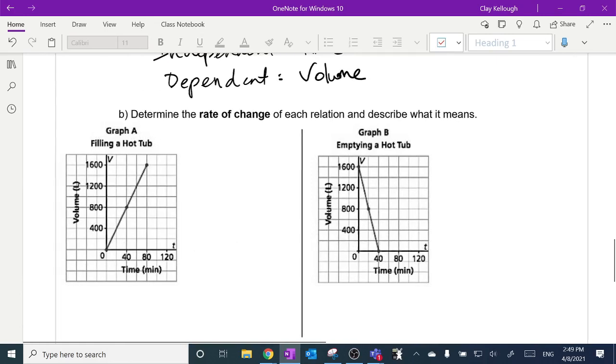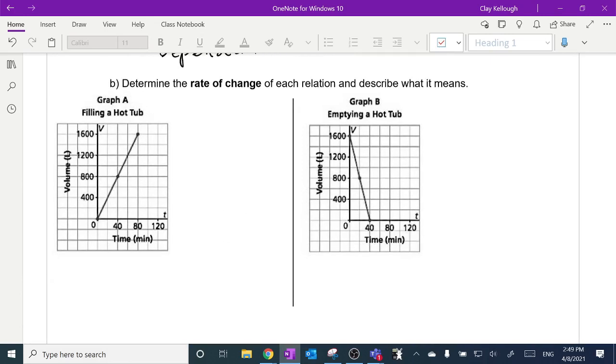So let's determine the rate of change of this relationship. It's not always easy to read points, but notice they give me dots. If they give me dots, I can assume those dots are on the grid lines, so I'm not estimating where they are. So let's see. Change in y over change in x. How much does y change from this point to this point?